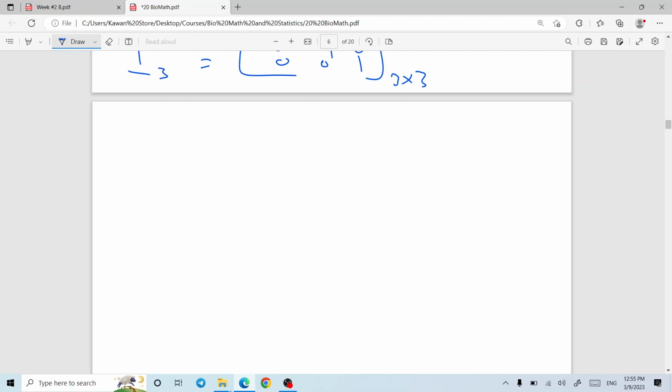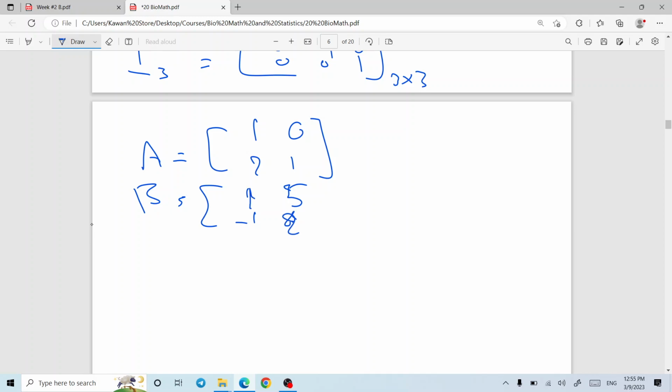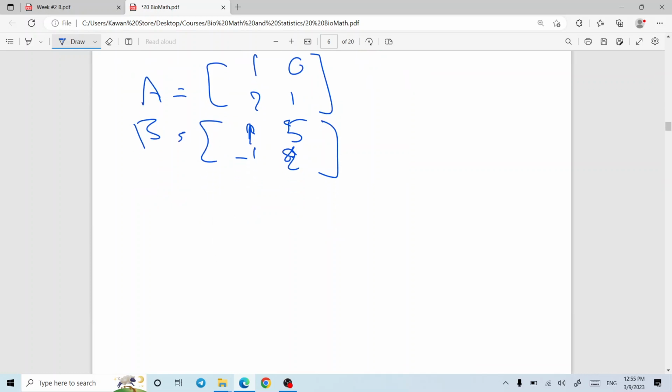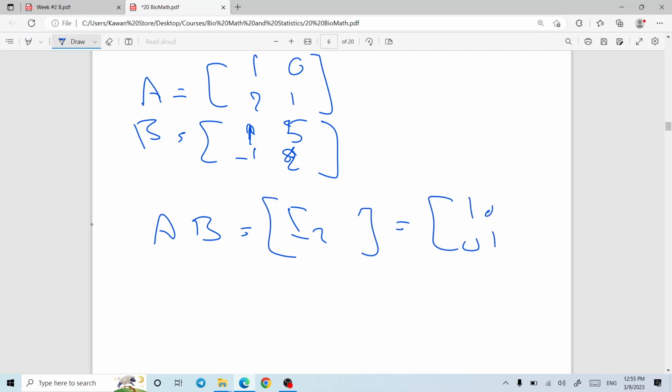Why do we need them, the identity? Because sometimes, for example, I say A equal to 1, 2, 0, 5 or 1, and B equal to 1, 5, minus 1, 2. So I'm asking you, is B the inverse of A or not? How do you answer that? You should multiply them, then the result should be I. If you get something like that, it means that A and B are inverse to each other.